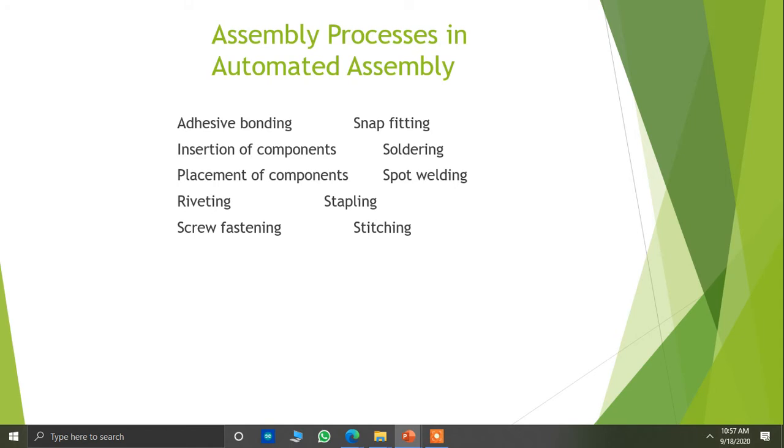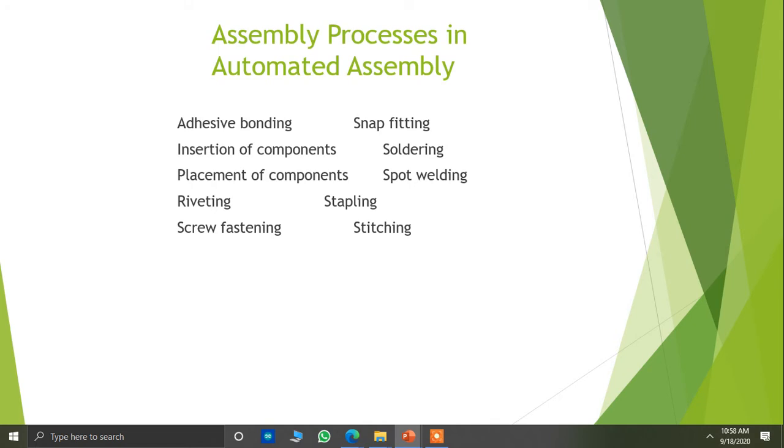Do you have any idea? No, sir. Okay. See your zipping device, you have a zipping device, yes or no? The zipping device is inserted between two zipping things. That's a kind of insertion, where you need not require any other locking mechanism. The best example for this is zipping.